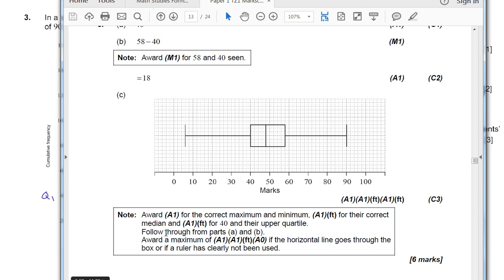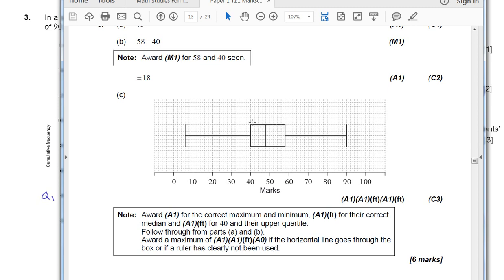Okay. Now it says award a maximum of 2 out of the 3 points, A1, A1, A0. That means you didn't score that last point if the horizontal line goes through the box. So if you drew this line and it went all the way through the box, that's minus a point. Or, here's the interesting part, or if a ruler has clearly not been used.